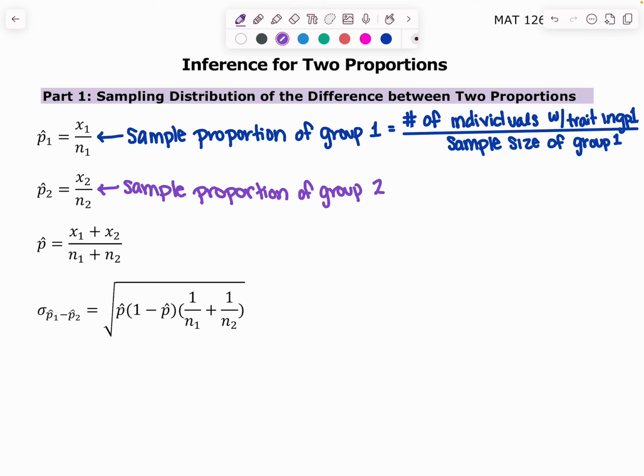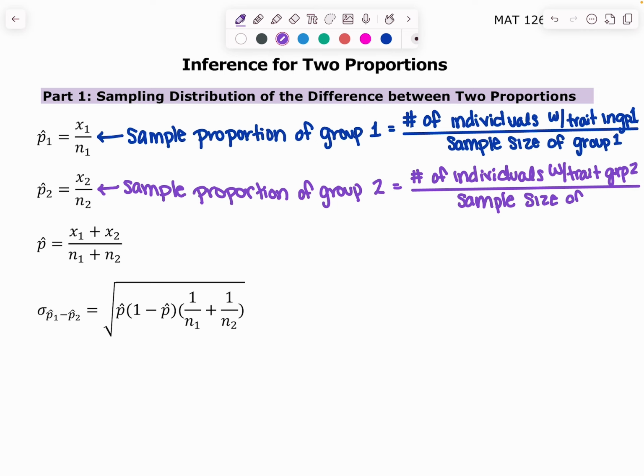And it is found by looking at the number of individuals with the trait in group 2 divided by the sample size of just group 2.